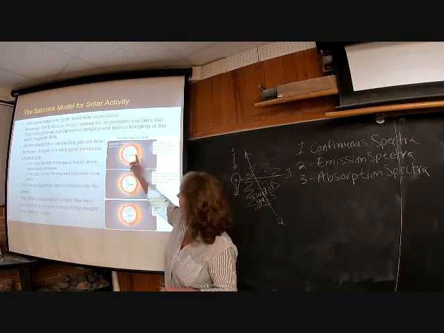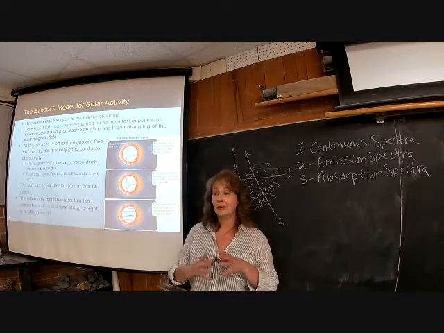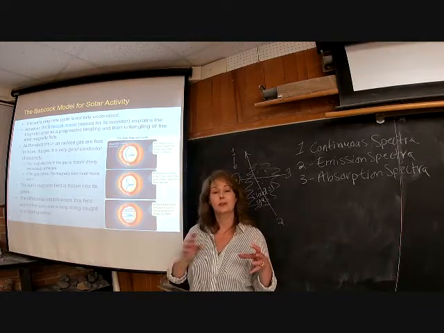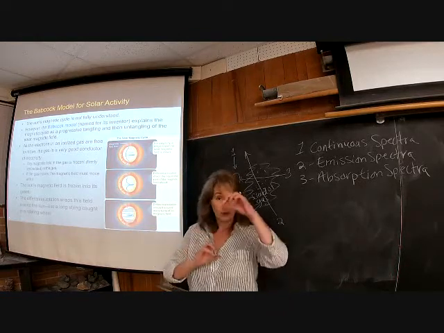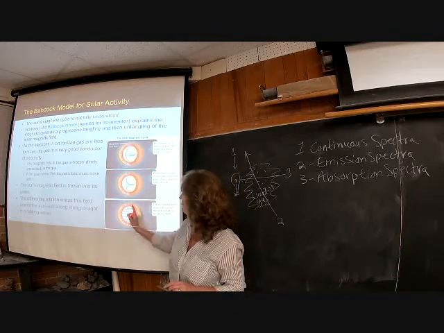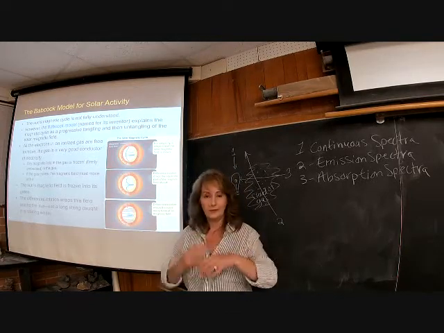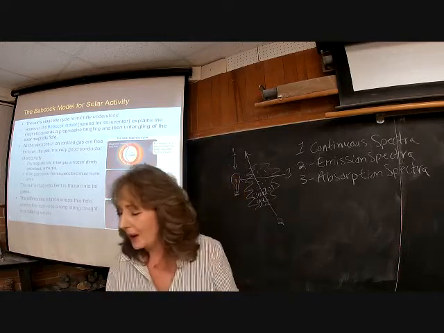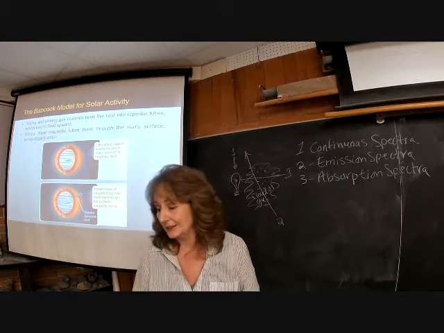So here we go. We've got the rotation of the sun, which is differential. It's a completely gaseous object, so the equator region is traveling faster than the poles, and it's getting all tangled up. Many turns of a magnetic field, all tangled up, and then these pop out from the surface, creating the sunspots.